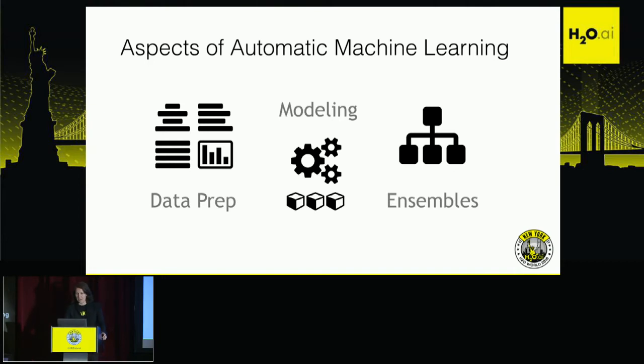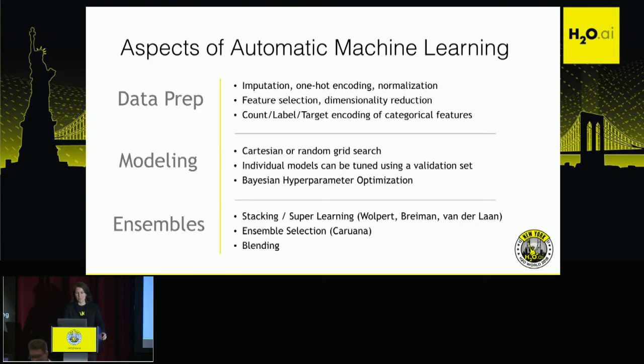And just to be a little bit more specific about some of the points in each of these categories. So data prep could be filling in missing values, doing feature selection, dimensionality reduction. Some of the more sophisticated stuff is when you have categorical columns, and especially high cardinality categorical columns.